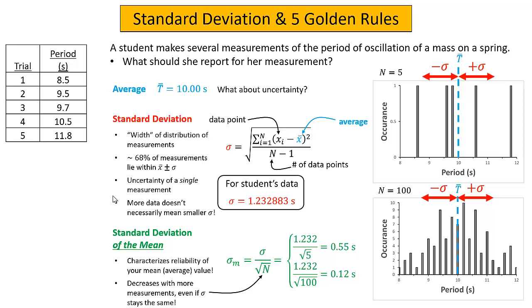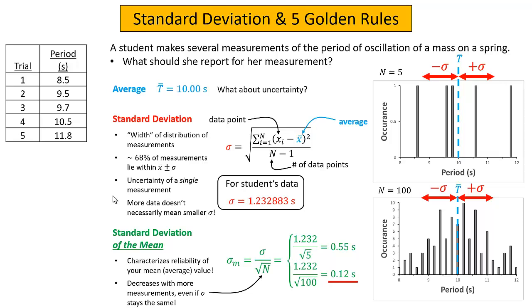Namely, it's telling me that I know the average value much better now. Notice that it is significantly smaller, but it doesn't decrease by n, it decreases by the square root of n. And so at some point, making more measurements doesn't really help you. Somewhere around 100 is about where you're going to get much benefit from the standard deviation of the mean.